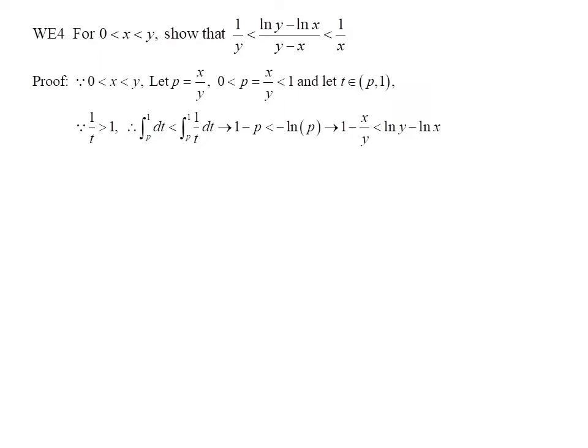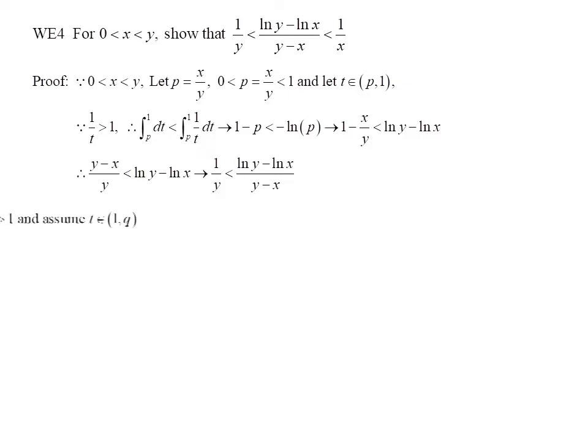That gives 1 minus x over y is less than ln of y minus ln of x. Further simplification can be done, and we finally have the inequality we want, that is 1 over y is less than ln of y minus ln of x, all over y minus x.